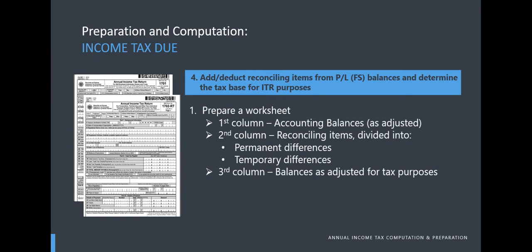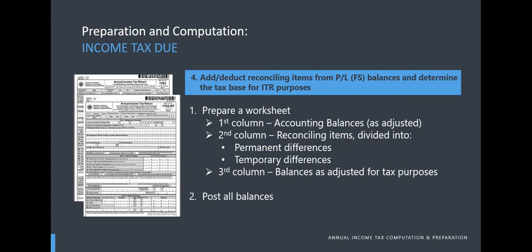In the first column of your worksheet, there are shown the accounting balances as adjusted, as adjusted in the sense of audit. The second column includes the reconciling items, which are divided into permanent and temporary differences. In the third column, these are the balances as adjusted for tax purposes.